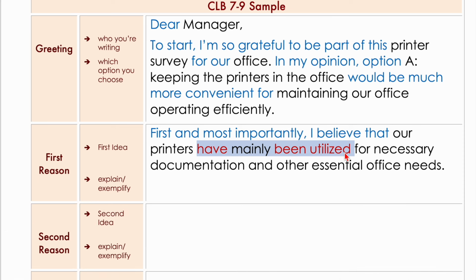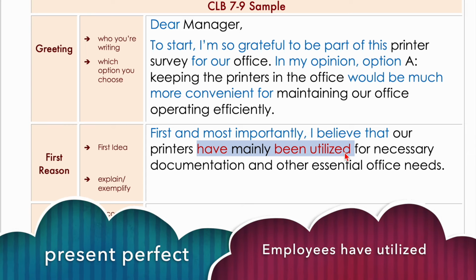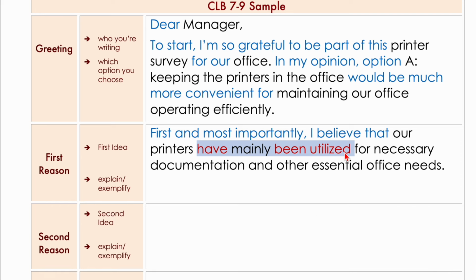And it's different if you say, for example, that employees have utilized the printers for necessary documentation. So employees have done it. But in here, we're saying that our printers have been used or utilized. Okay, that's passive form, which is whenever we use passive form, it's stronger. Okay. So have been utilized for necessary documentation.